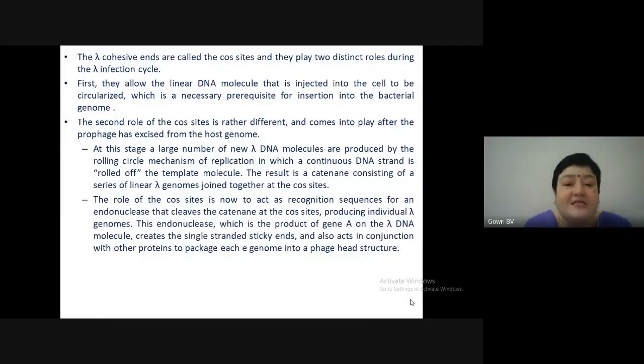The role of the cos site is now to act as a recognition sequence for an endonuclease that cleaves the catenane at the cos site, producing individual lambda genomes.